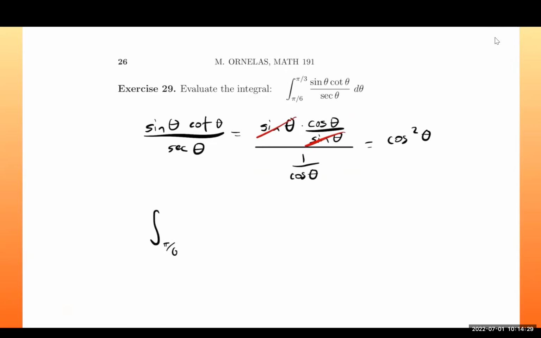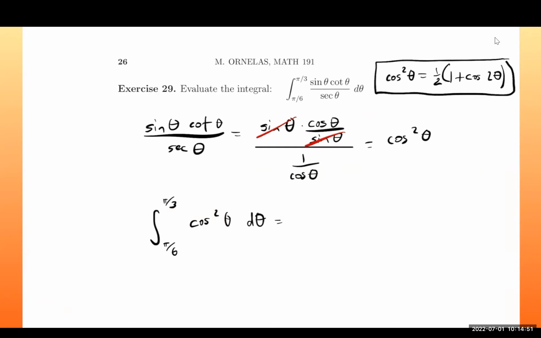So now our integral is simplified to simply cosine squared theta with respect to theta. And we're going to use an identity that says cosine squared theta is equal to 1/2 times 1 plus cosine 2 theta. That's the identity we will be using for this problem. So our new integral will now become 1/2 times 1 plus cosine 2 theta d theta.